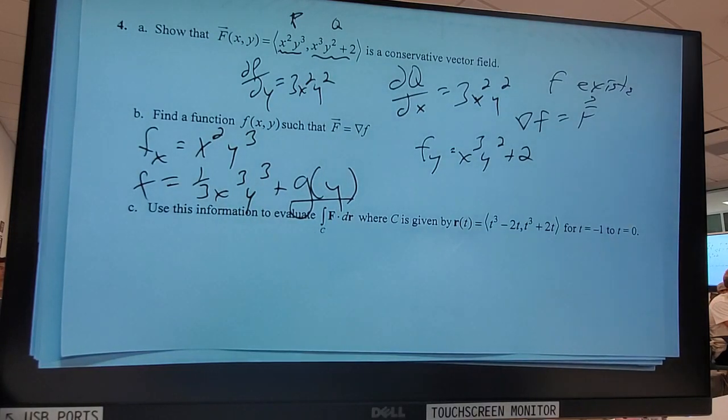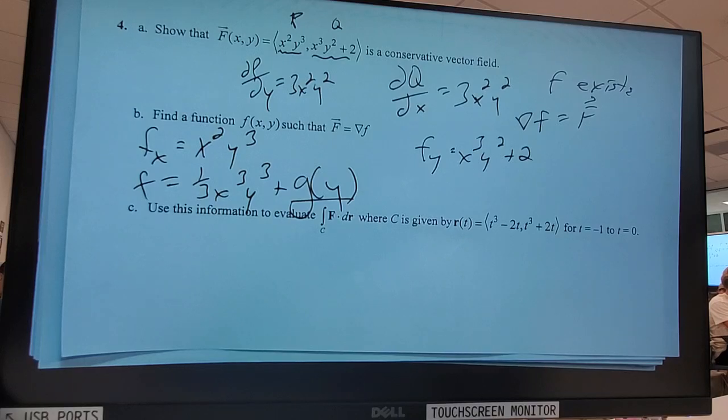Does g of y also cover like the plus 2? G of y could be y squared plus 2. So g of y has the plus c in it. Because if I said y squared plus 7y plus 3, you'd say that's a function of y. Even though there's a plus 3, that's a part of the function of y. Good question, though. So you don't have to put a plus c on in addition.